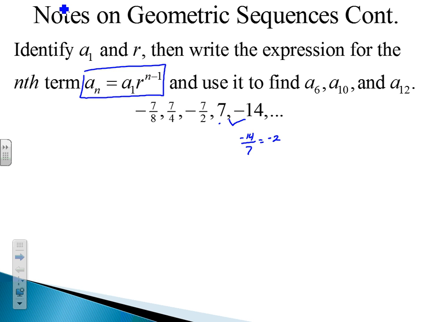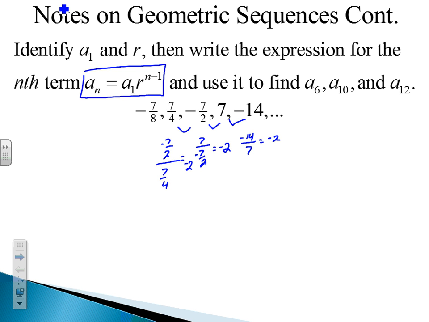And I would do that for all of them. 7 over negative 7 over 2 would also be negative 2. And continuing, negative 7 over 2 over 7 over 4 would also be negative 2. So here the common ratio of the sequence is negative 2.